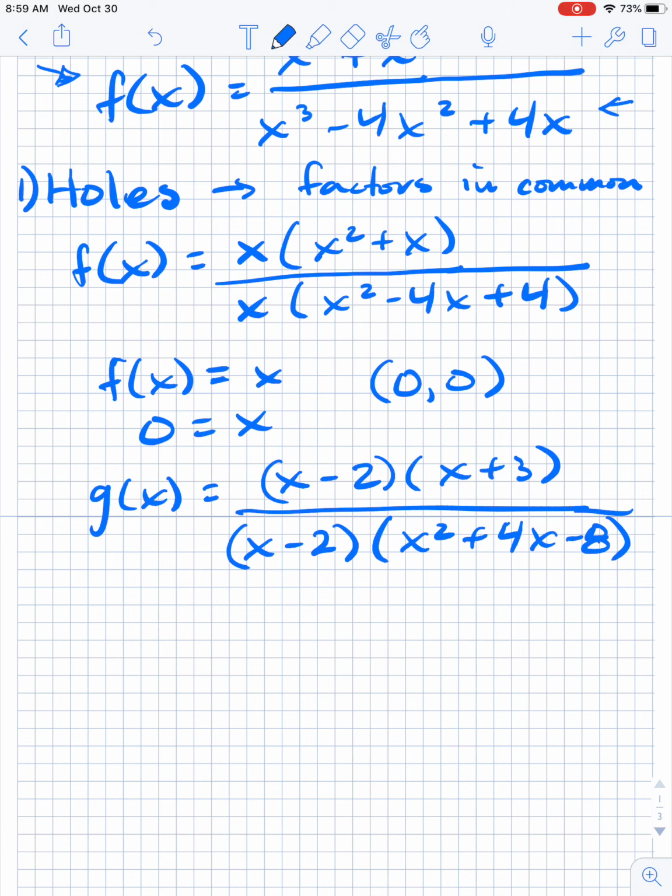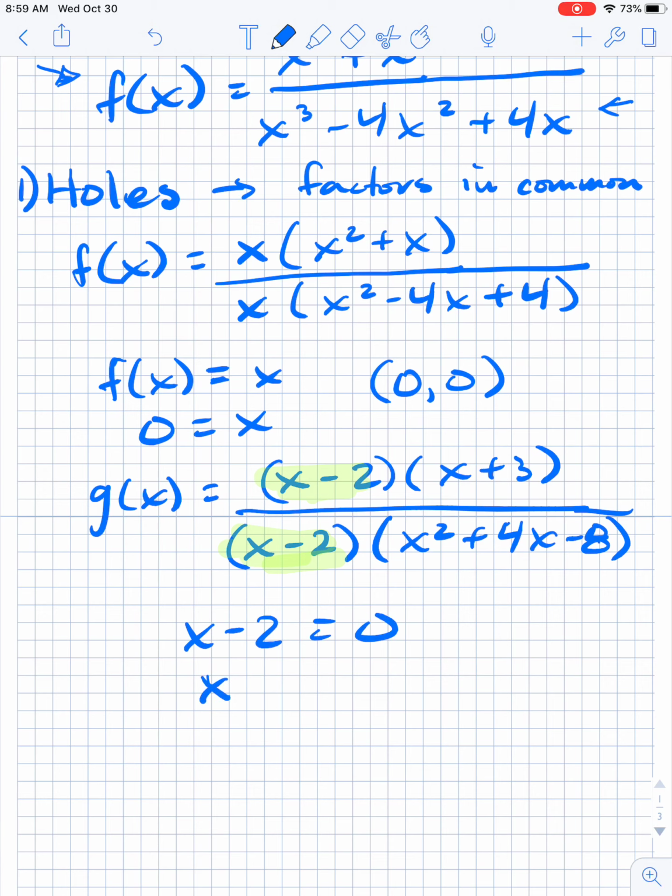But see how they both have x minus 2? That means that at x minus 2 is equal to 0, there's a hole.